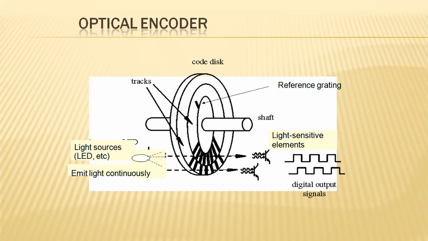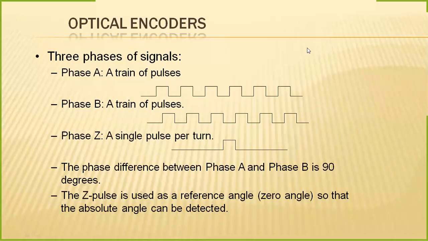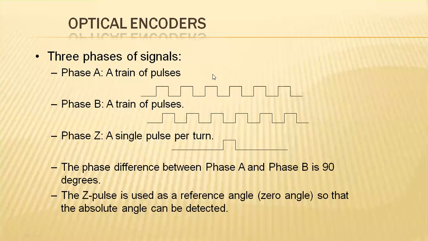Likewise, how many rotations have taken place through the dynamic motion of the shaft can be counted by these emerging light rays. This is called an optical encoder. And the responses exist in three different pulse trains. Once again, there are three different phases of signals.